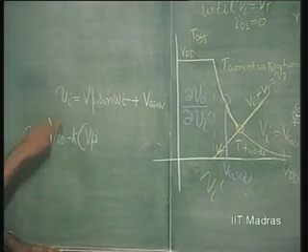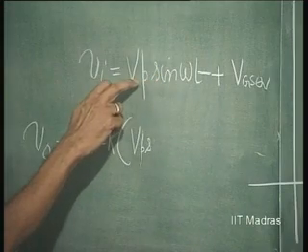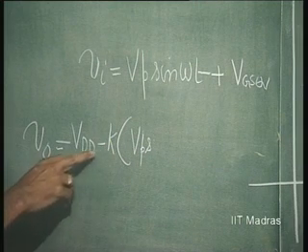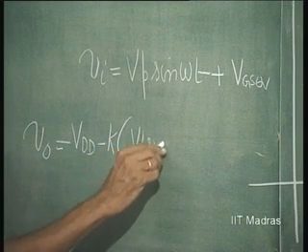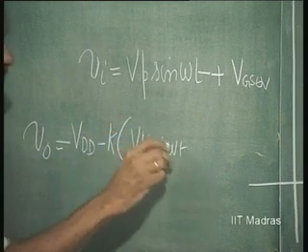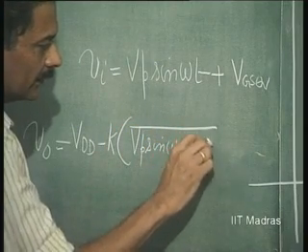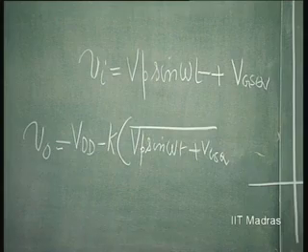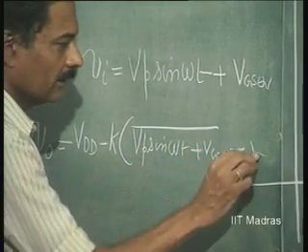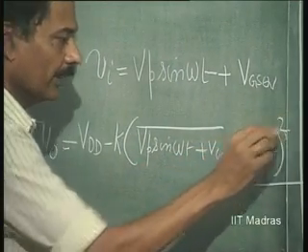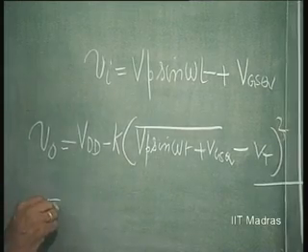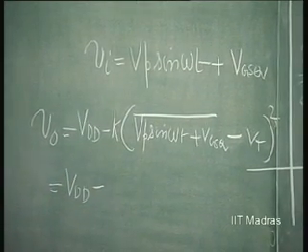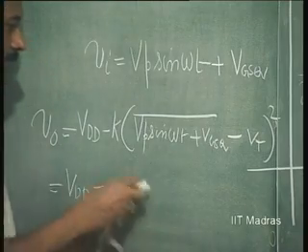So, we have Vi equal to VGSQ plus Vp sin omega t, and therefore Vdd minus K times (Vp sin omega t plus VGSQ DC voltage bias minus Vt) whole square. So, what do you get here? Vdd minus, we will now couple this on like this.